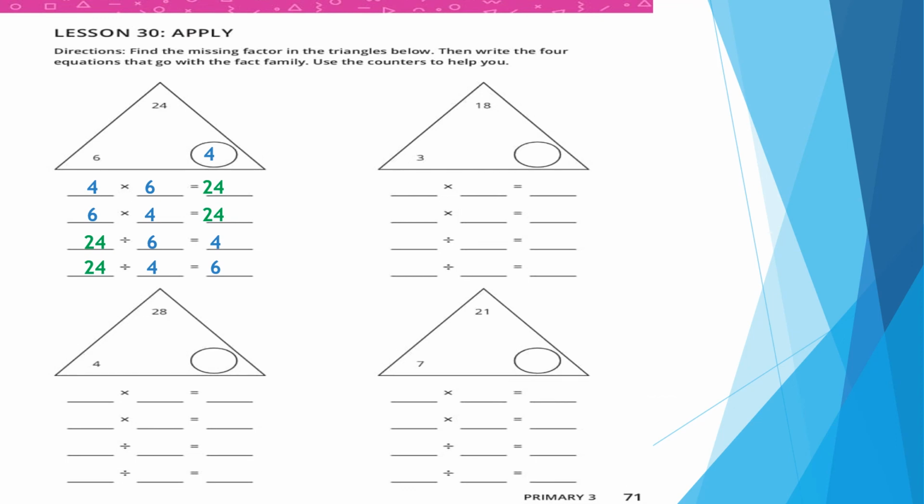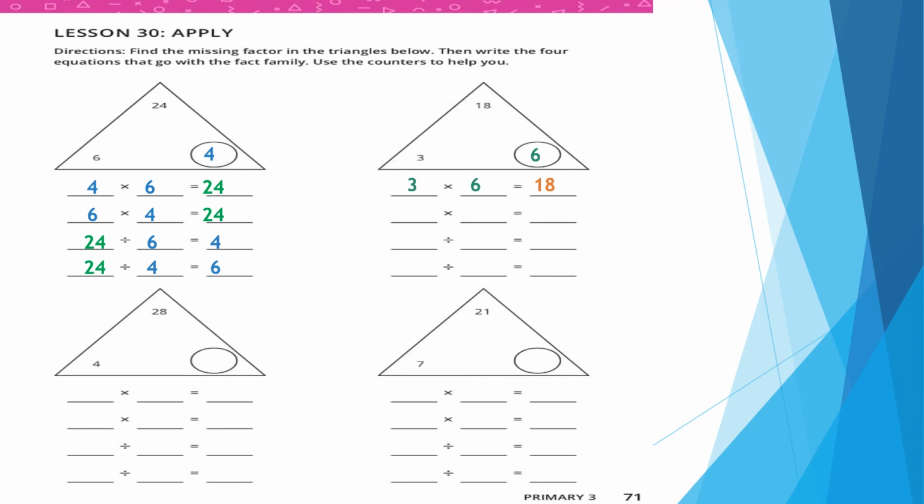Okay. In the next one, we have 3 and 18. Which number will complete this family? 3 times 6 equals 18. So the first multiplication equation is 3 times 6 equals 18.